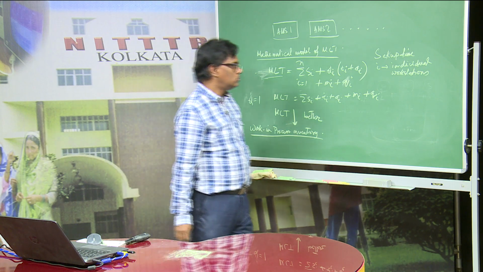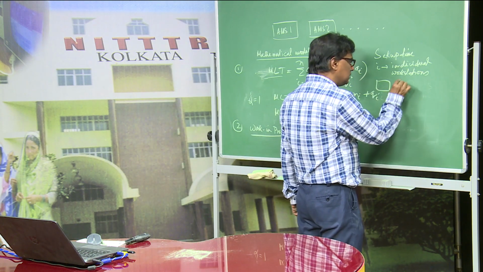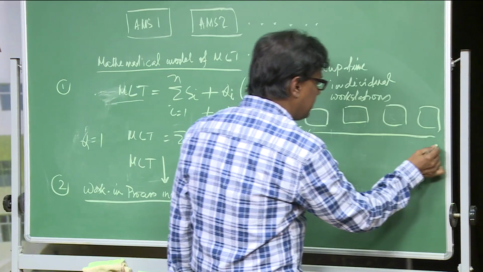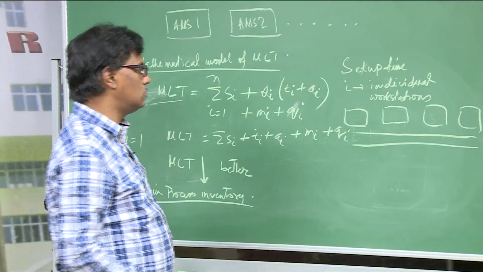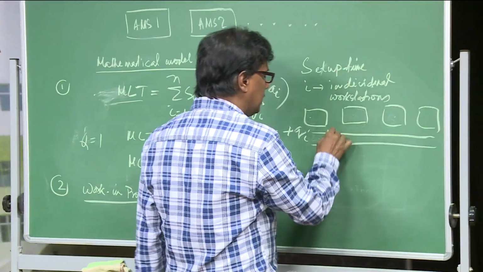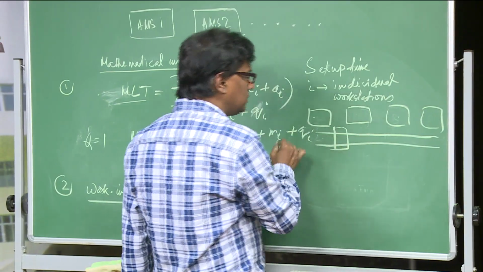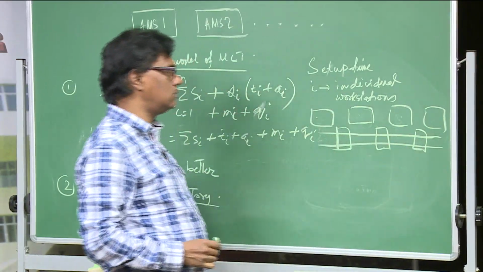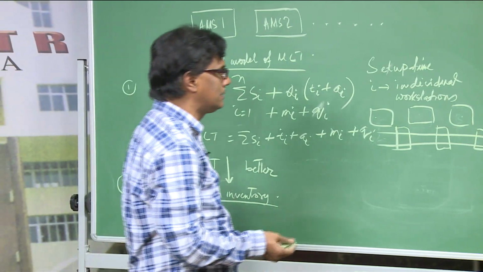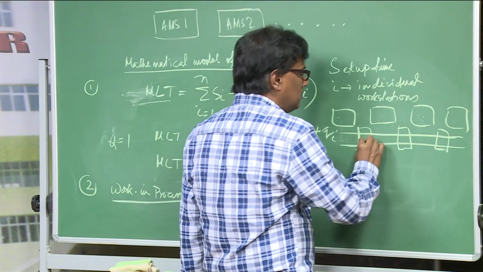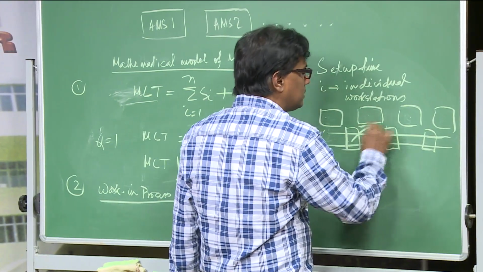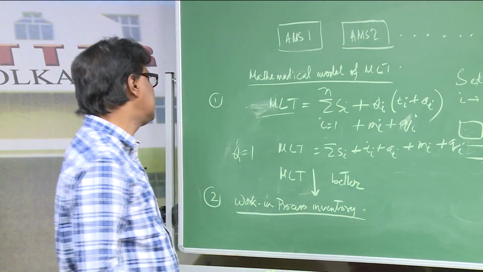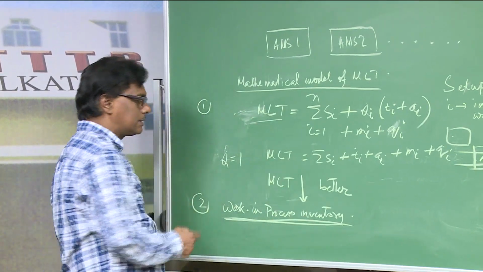As I told you, if a job needs to be operated in different workstations, some buffer storage must be there, so that if any processing station is non-functional, then from this buffer storage other processing stations remain functional. This is called work in process inventory.